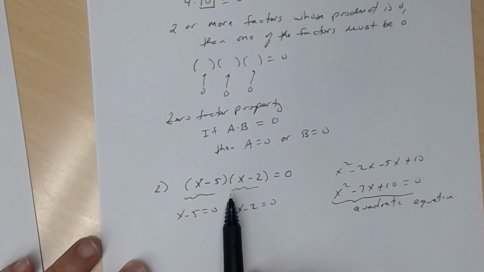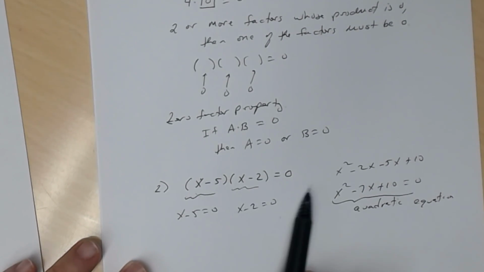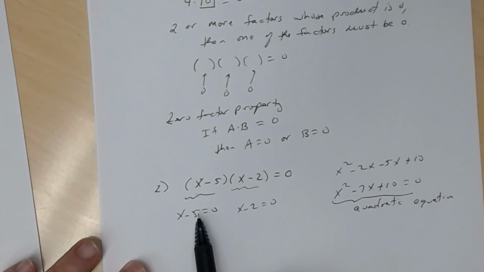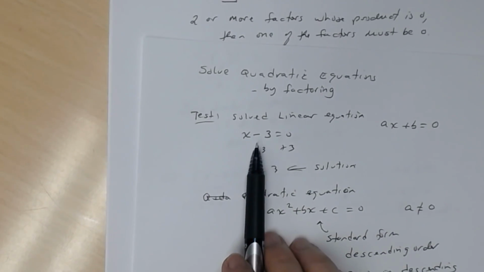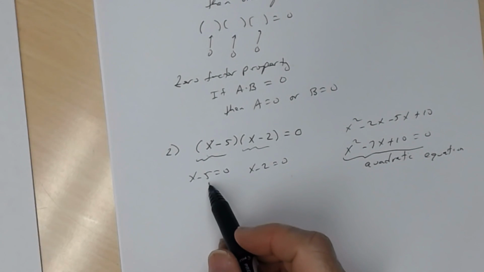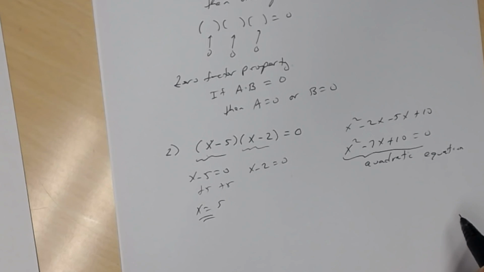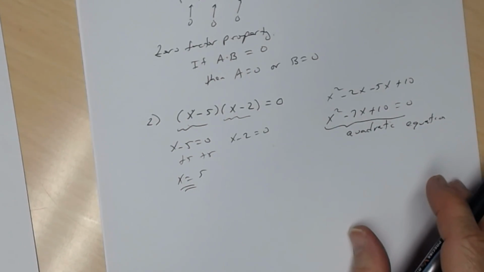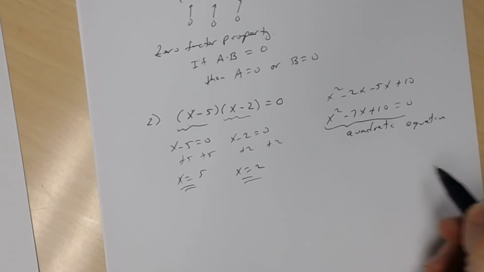Notice that I went from a quadratic equation to two linear equations, and you solve a linear equation just as you did in previous courses. To solve this linear equation, I'm just going to add 5 to both sides, get x by itself, and I have one of my solutions: x equals 5. Over here, I add 2 to both sides, and my other solution is x equals 2.